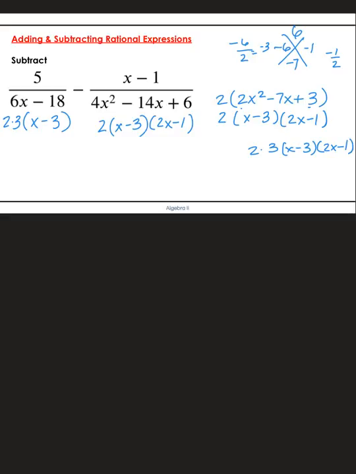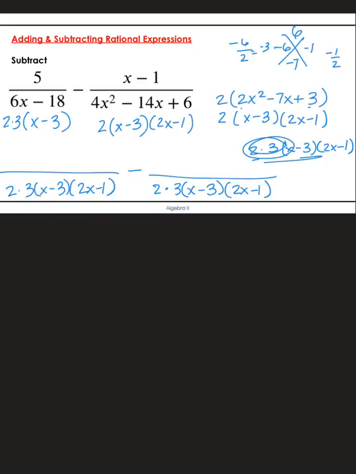So this is going to be my least common multiple. And so 2 times 3 times x minus 3 times 2x minus 1. Go ahead and leave this not multiplied out because that's going to help you to figure out what you need when you are coming up with what goes in your numerator.